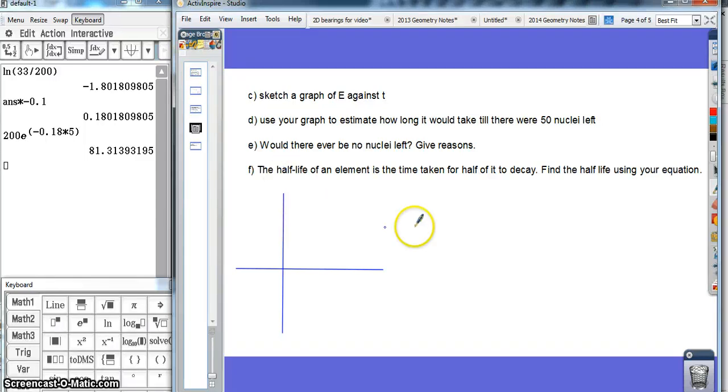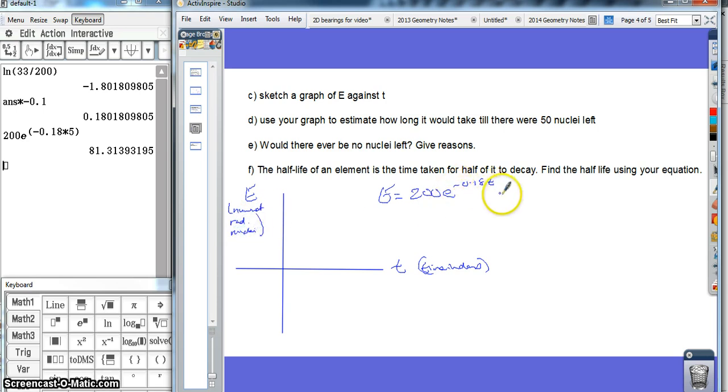Okay, we have the equation E equals 200 e to the minus 0.18 t. This is a graph of E against T, where T is time in days, and E is number of radioactive nuclei.